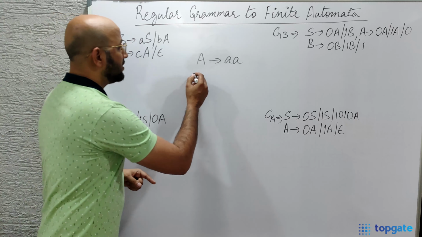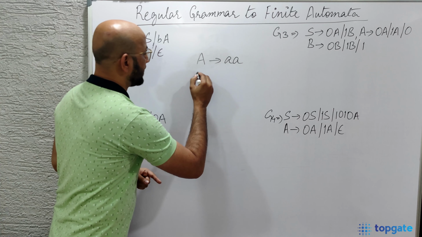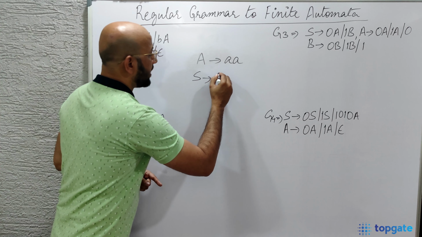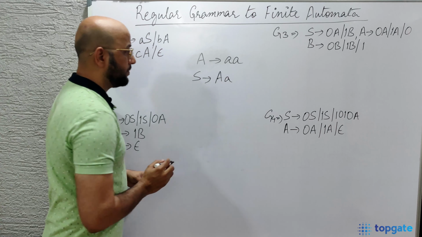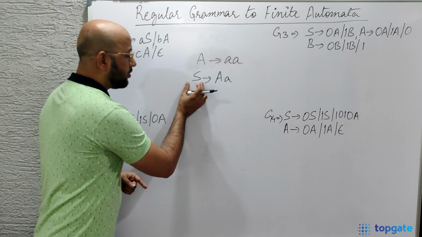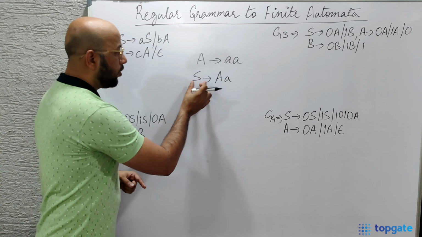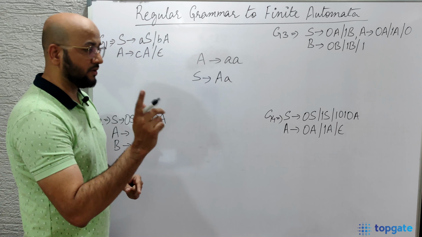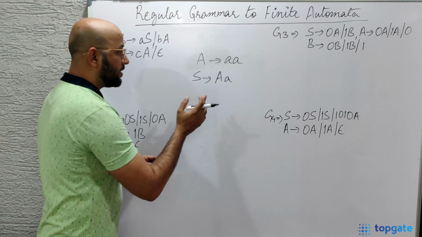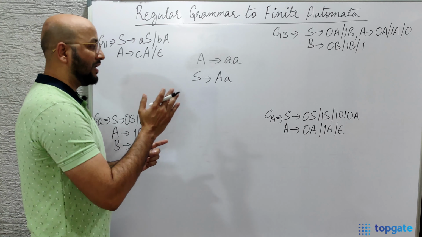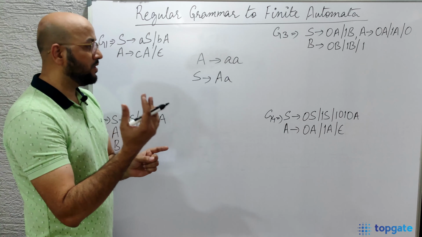Clear? That means suppose I have a production rule as S tends to, I have a. So we have a single variable on the left hand side. On the right hand side also we have a single variable, but this variable should appear in the extreme left position or in the extreme right position.